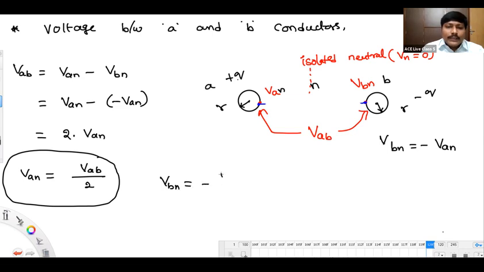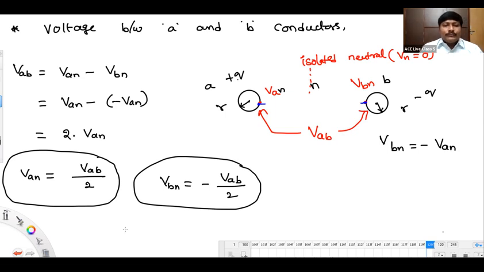Like this you can say: conductor A2 neutral voltage is VAB by 2, conductor B2 neutral voltage is minus VAB by 2. Okay, so let's see in the next slide.